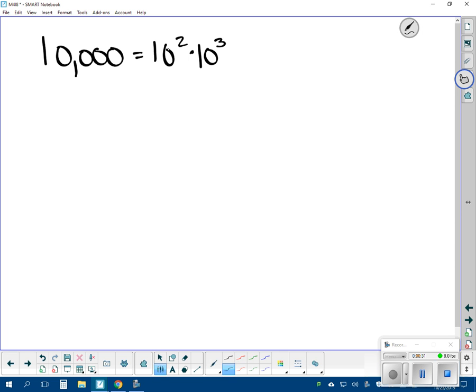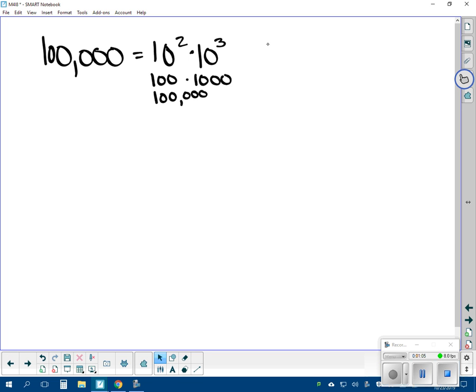Think about that for a second, and do you agree with that statement? 10 squared is 100. 10 cubed is 1,000. Oh, wait, I need 100,000 there. Because 100 times 1,000 would be 100,000. Okay, so hopefully we're agreeing that is correct now that I actually have 100,000 there, not 10,000.